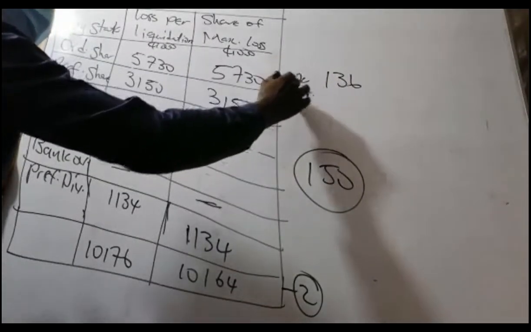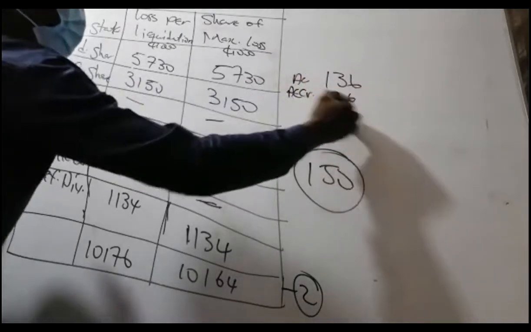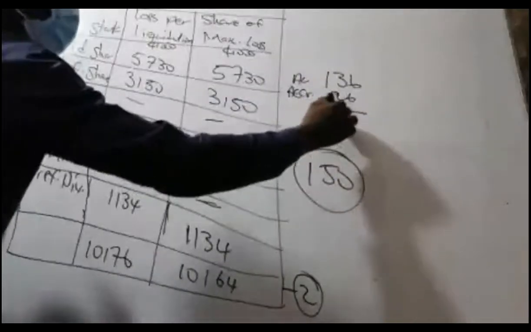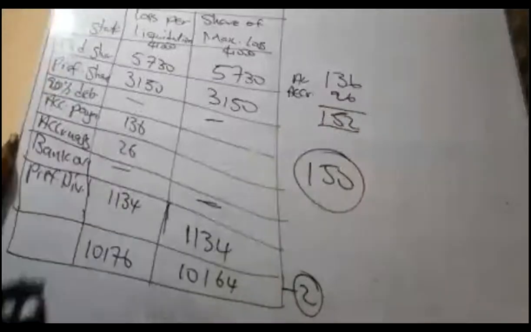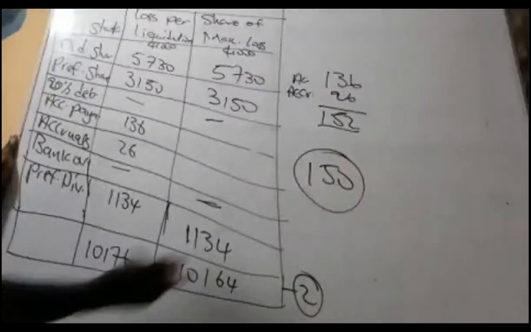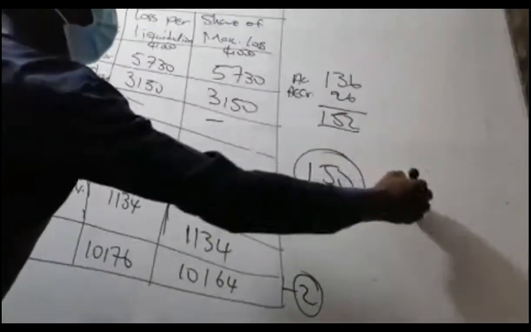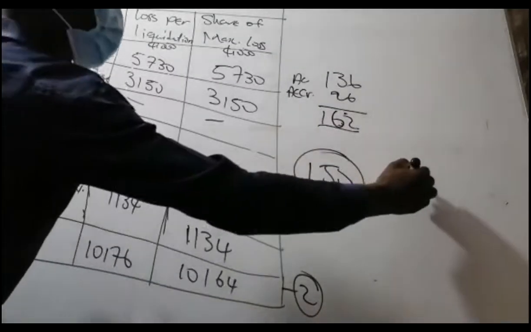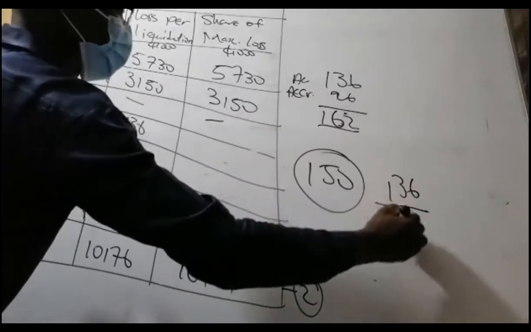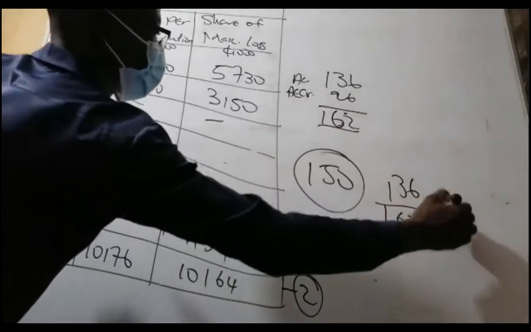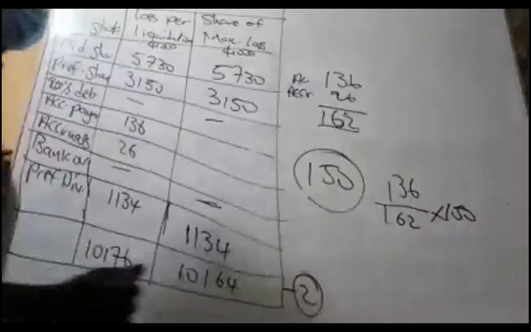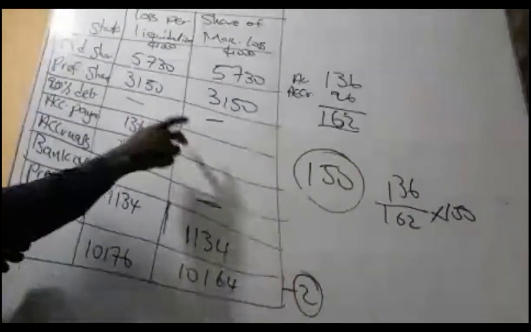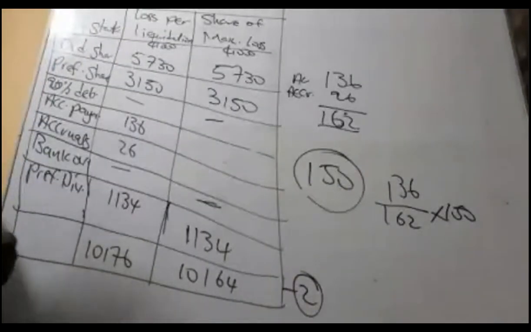Accruals have what? 26. So putting all together, I get 162. So I can share it on pro rata basis. I'll pick 136 divided by 162 times 150. Whatever I get, I'll give it to who? The accounts payable.